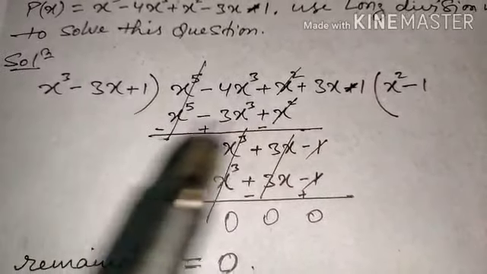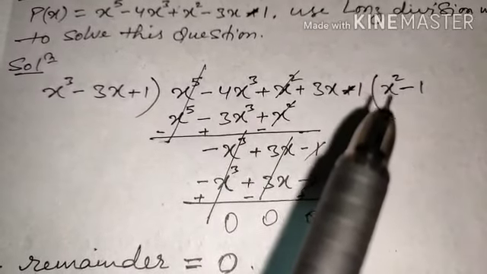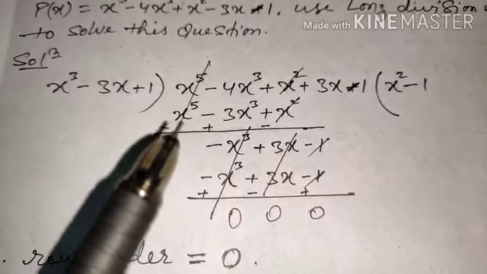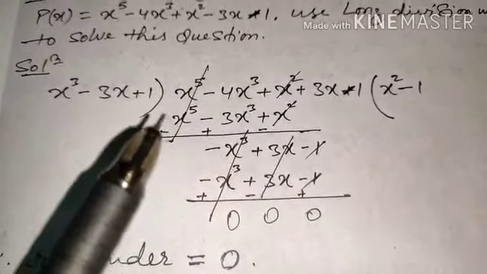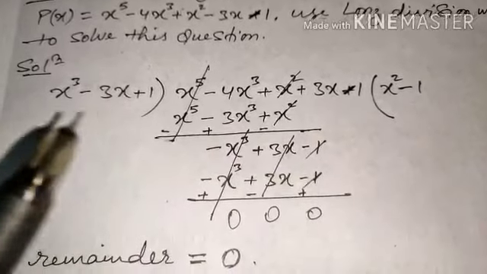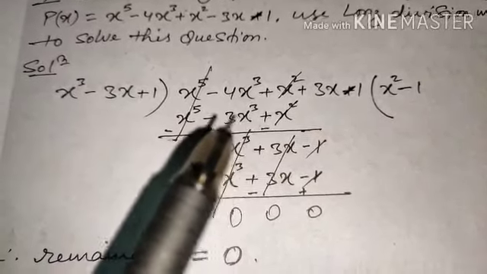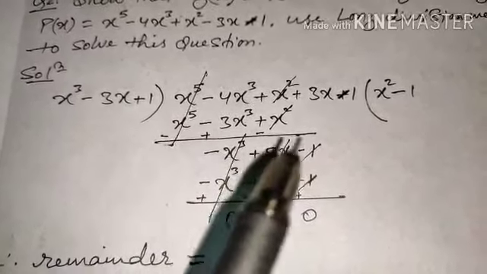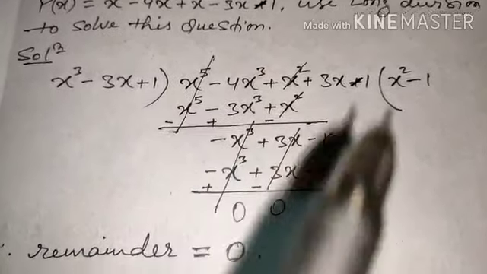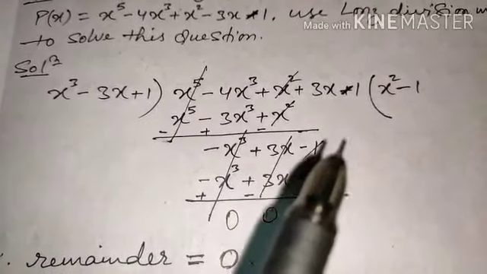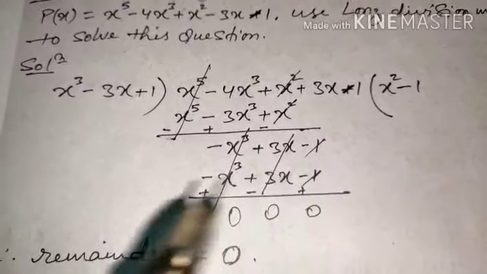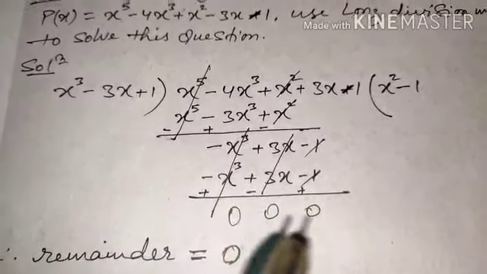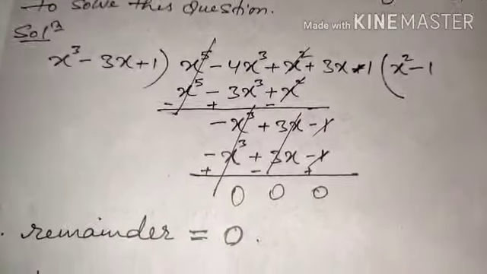And now again, x cube, what do we multiply so that it will become x to the power 5? So we'll multiply x square, and we can easily get x to the power 5, and this x square is going to be multiplied with this also. We'll put the values over here, change the sign, do the subtraction, again carry over whatever is left, and then again see with which value we will multiply so that we get the same value, and done all the things, and at last we'll get the remainder as 0.